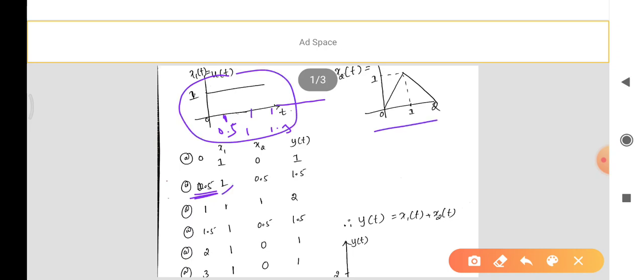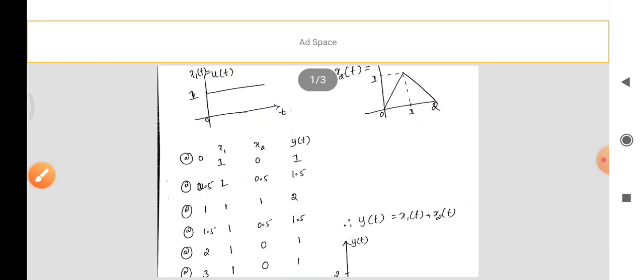What about the second signal's magnitude? If at 1 it is 1, then at 0.5 it will be 0.5. The u of t magnitude remains the same, so the second signal is 0.5. Add these two, it will be 1.5.